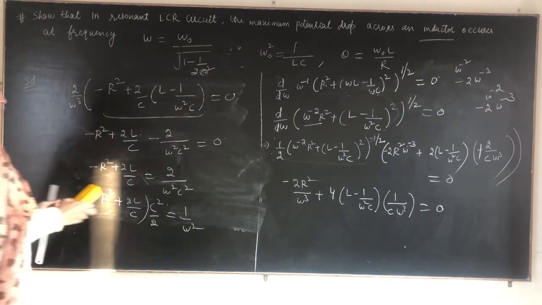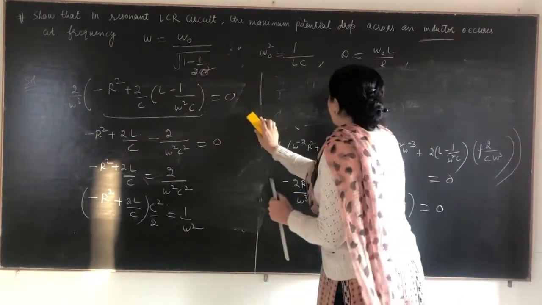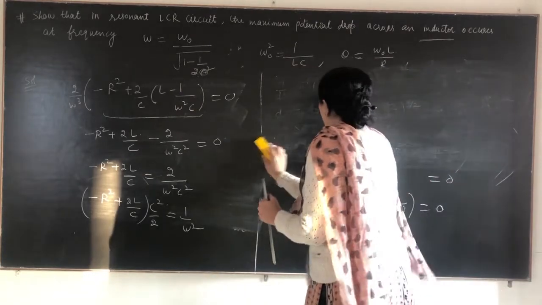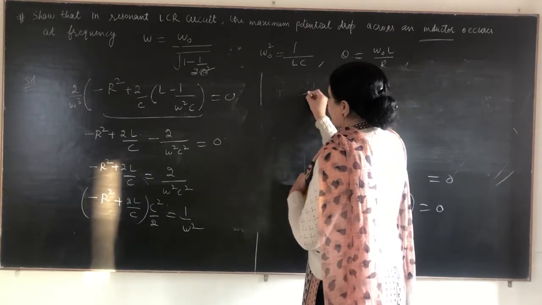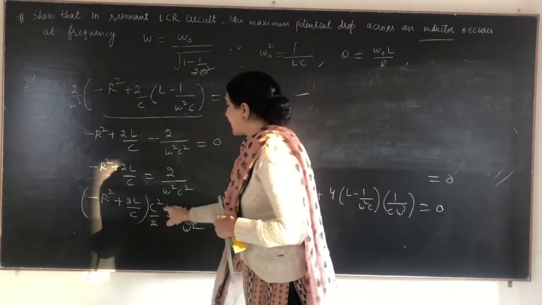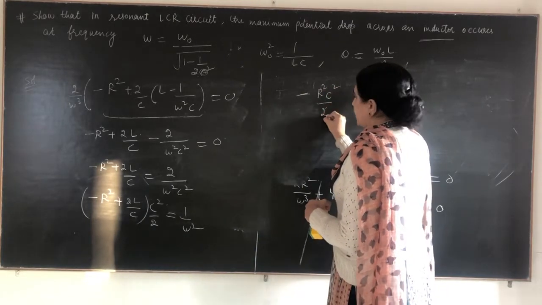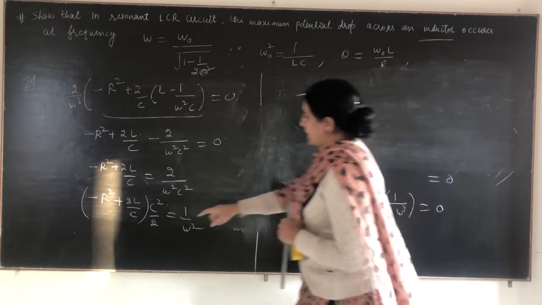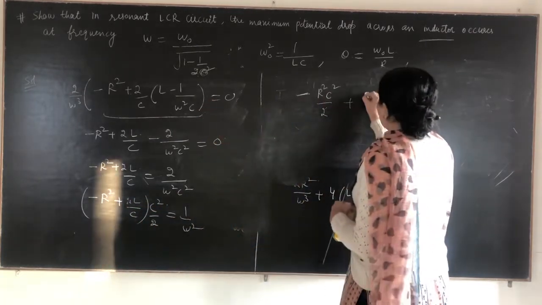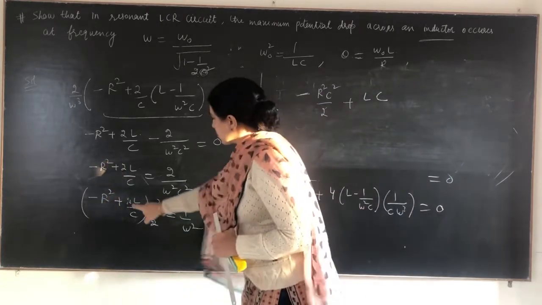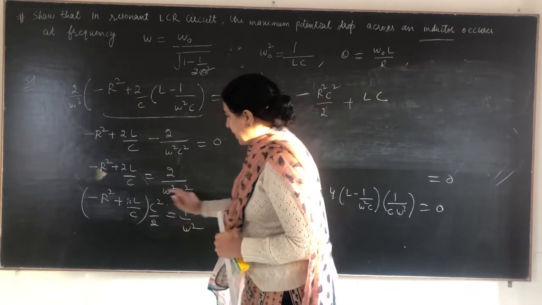Now solve this. This will be equal to minus r square C square by 2 plus, yes, 2 goes with 2, LC, plus LC, because this 2 goes with this 2 and this C goes with this C, only LC.